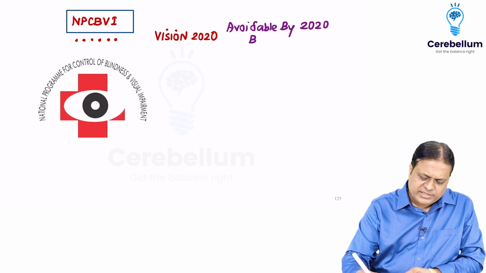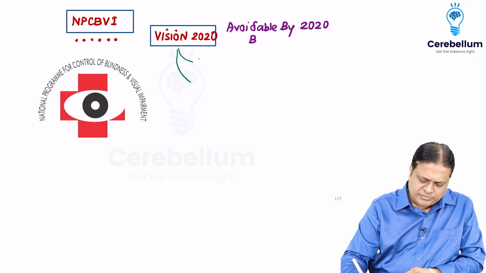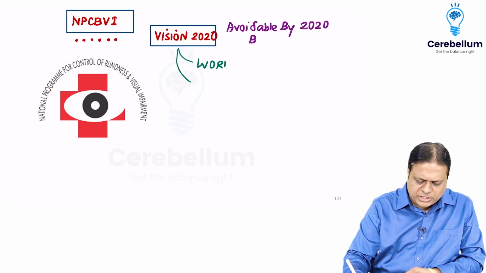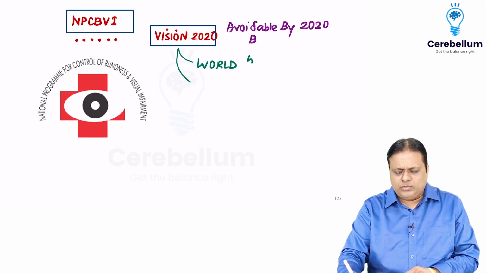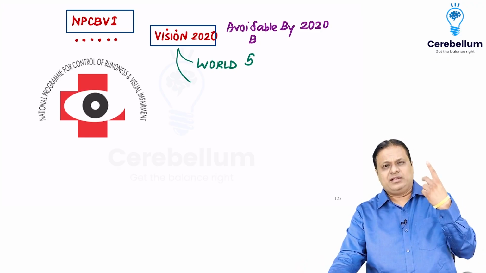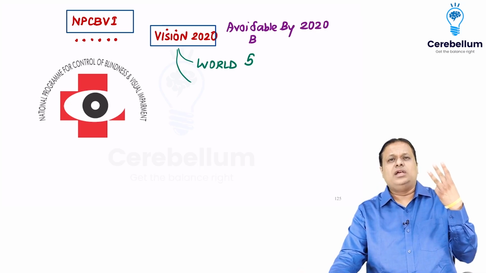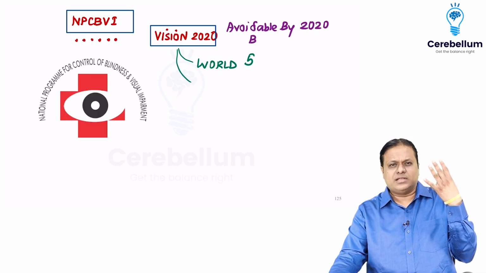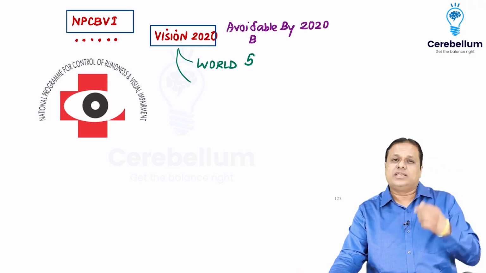Now when you look at this Vision 2020, it has two different subtypes. One is for the world, Global Vision 2020. It includes 5 diseases: cataract, refractive error, low vision, trachoma, childhood blindness, and onchocerciasis.